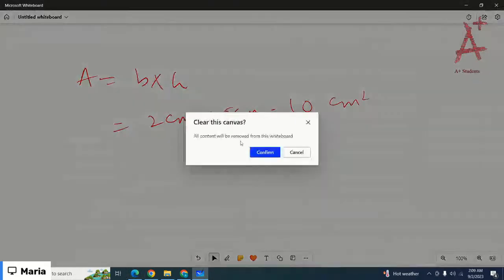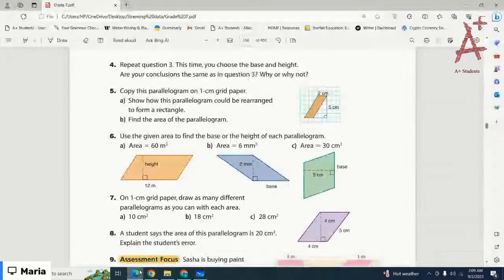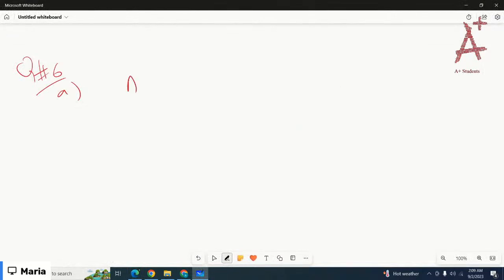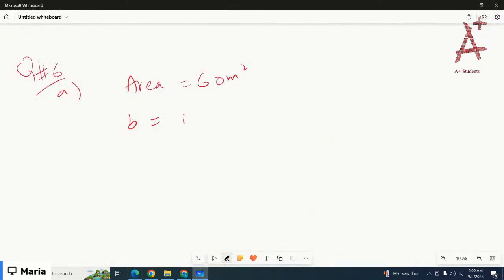A, the area is 60 meter square. The base you are given is 12 meter, and you have to calculate the height, right?